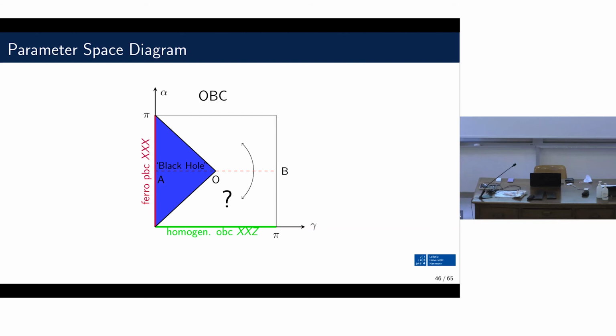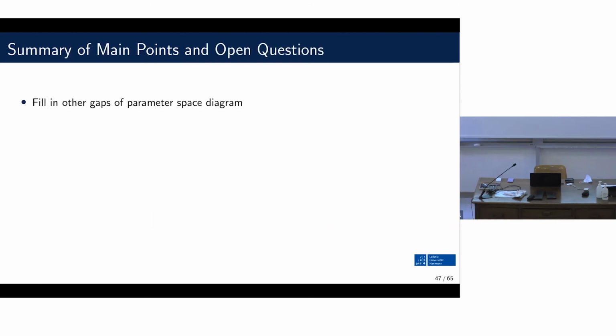However, let's come to the conclusion, some puzzles remain. Of course, one can now try to fill in other gaps of the parameter space diagram. Also the density of states, which would be even better when there is a matching.